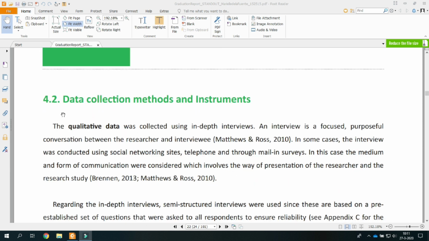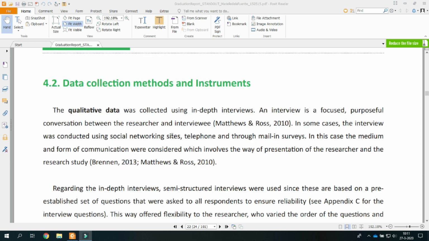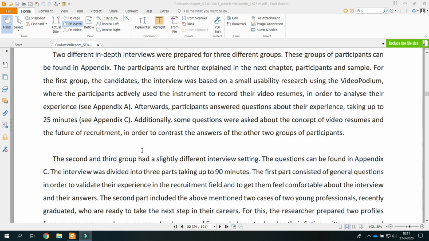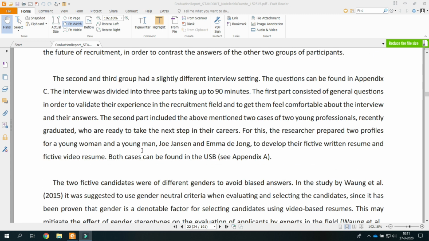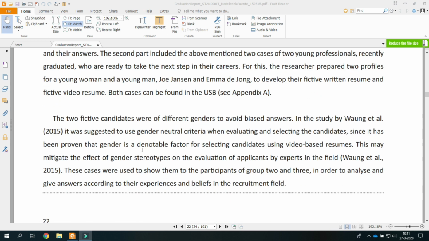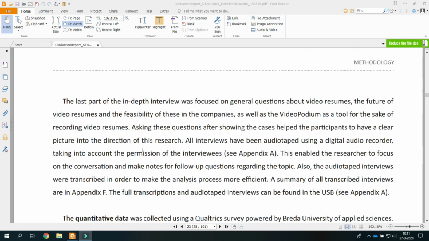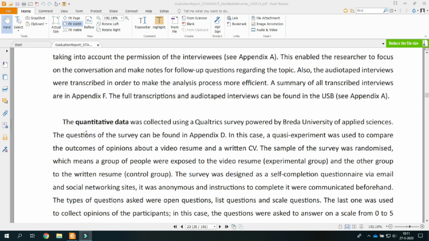Then she's talking about how she's going to collect the data. The qualitative data was collected using in-depth interviews, how the groups were built up, and the last part, the quantitative data was collected using a survey powered by Breda University. The questions can be found in the appendix.